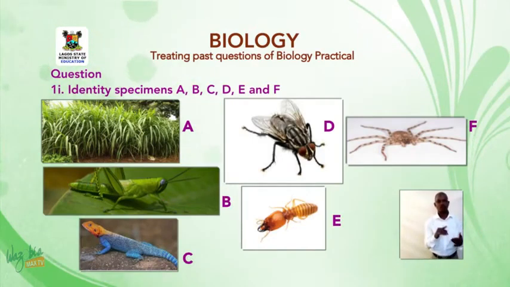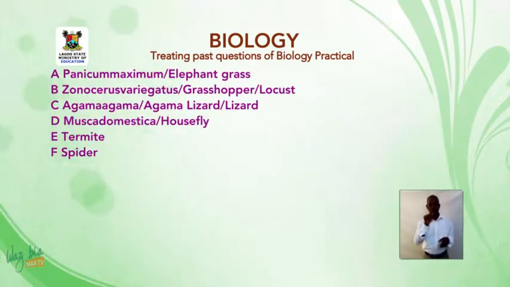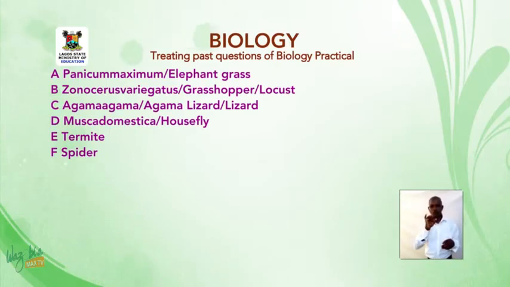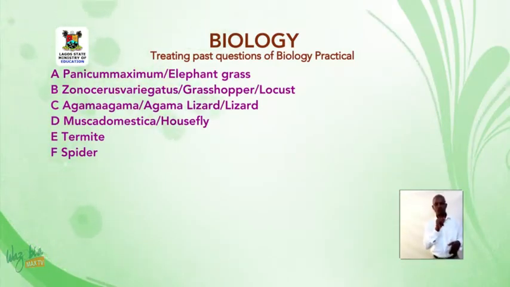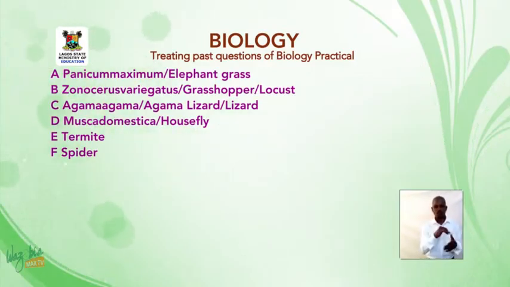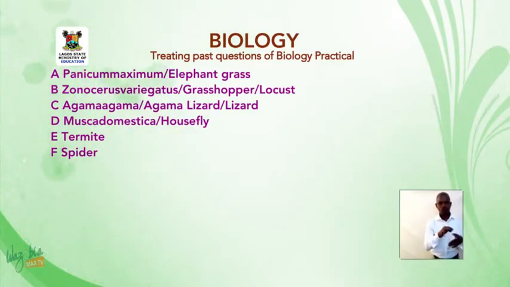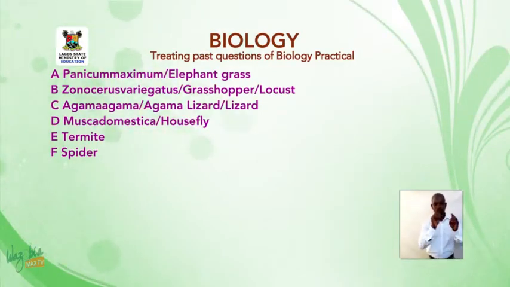Answer A is Panicum maximum or elephant grass. B, Zonocerus variegatus or grasshopper or locust. In this case, it could be any of the three provided for you, because sometimes the examiner will ask the teacher to provide any of these three. They can give options.